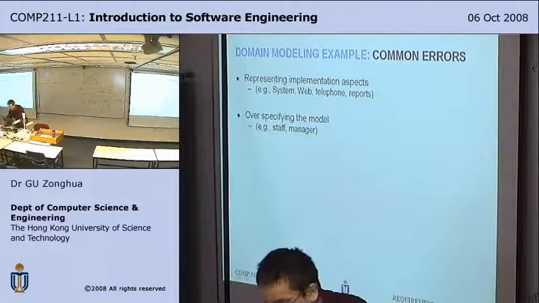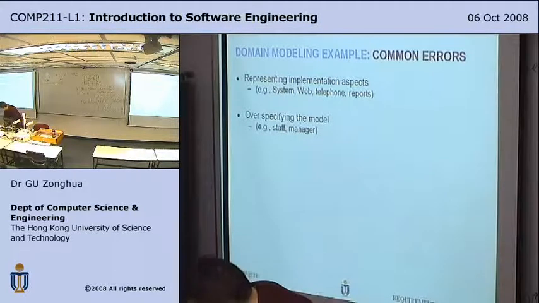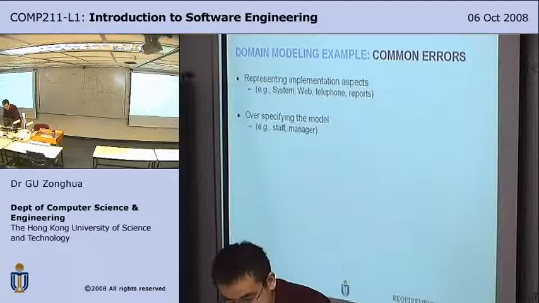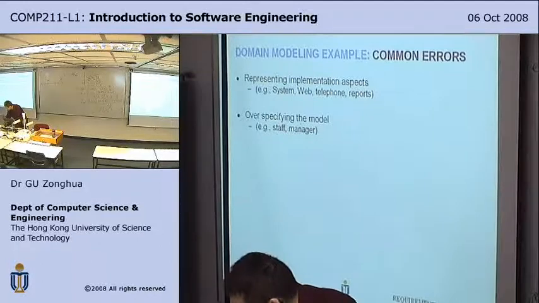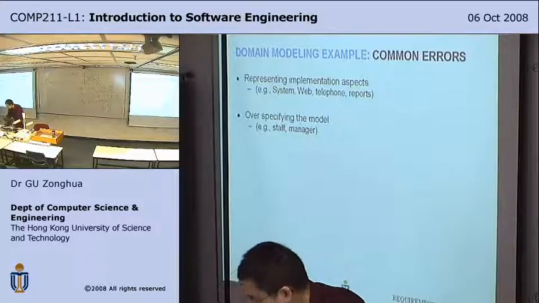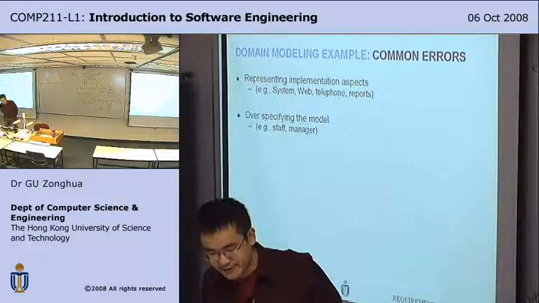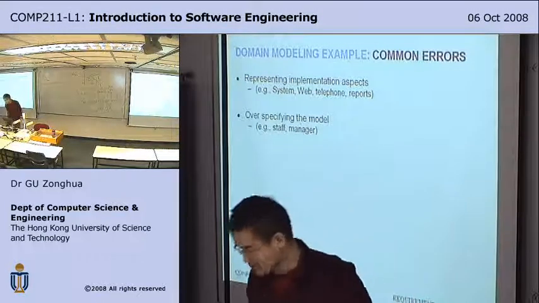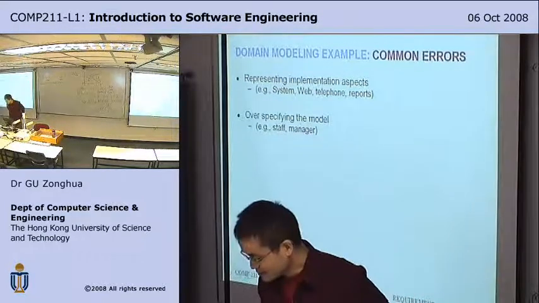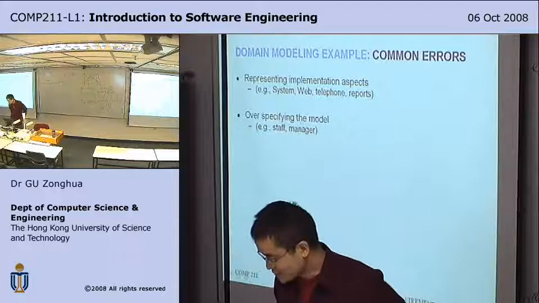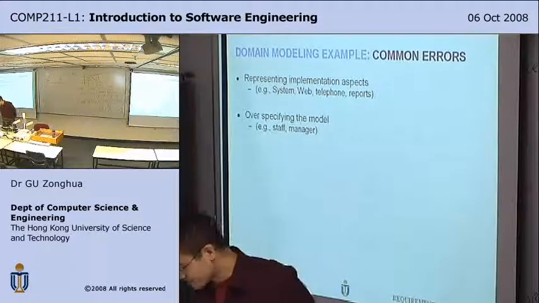Over-specifying the model. Many students put the staff and manager into the domain model. The question is, do we need to keep information about these things? If not, then we do not need to put them into the domain model. It's really problem specific.